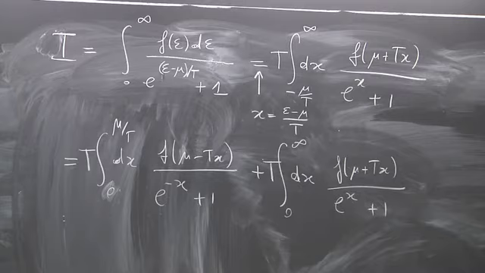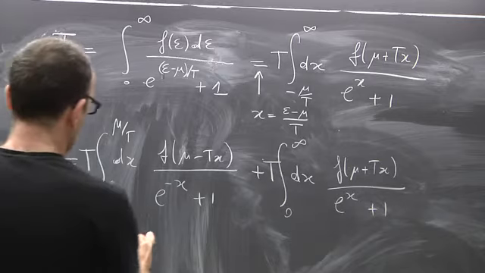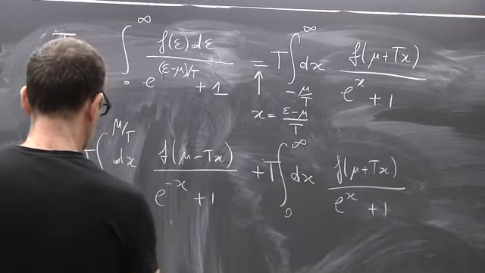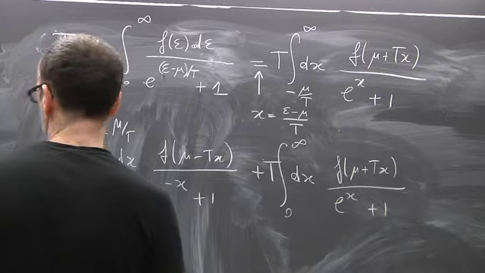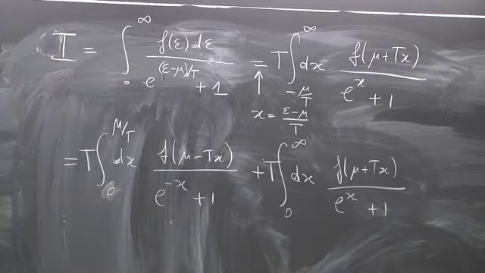Now here I can write that 1 over e to the minus x plus 1 is equal to 1 minus 1 over e to the x plus 1. Okay, so you multiply by e to the x above and below, and then you can see that this is true. Okay.